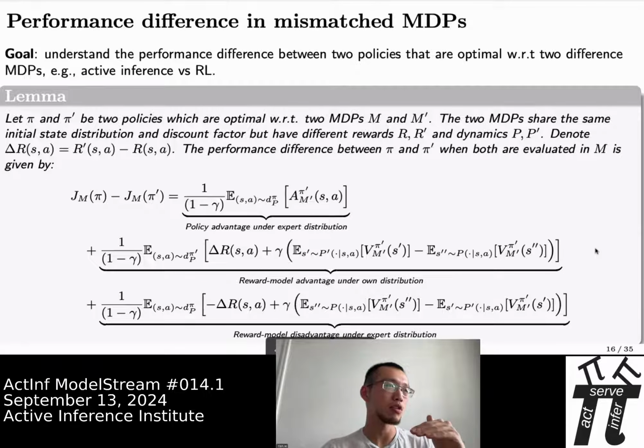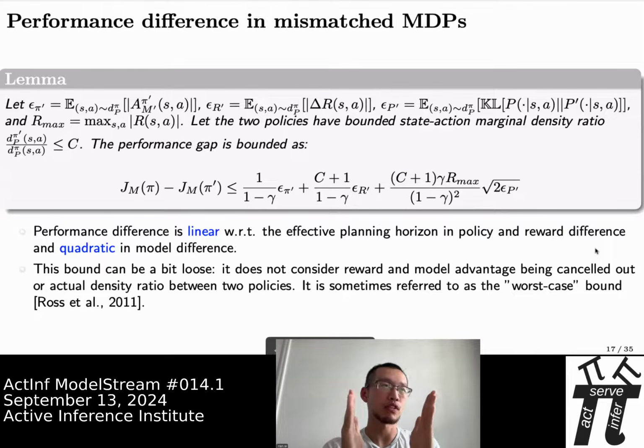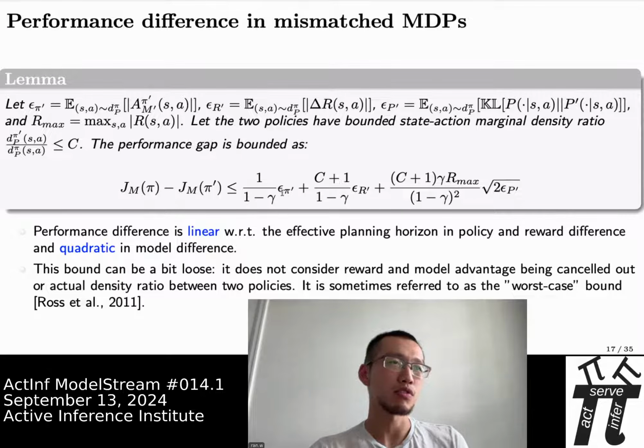The nice thing about this relationship is that if we put an absolute value sign over it and do some algebra, we can obtain an upper bound on the regret that's defined in terms of the policy advantage, reward advantage, and the difference between the two dynamics.